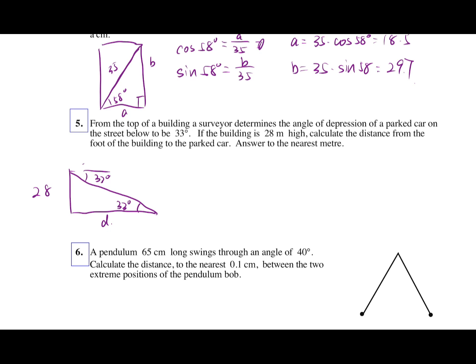For this one we can use tangent. Tangent 33 equals 28 divided by d, and then we just switch these two positions, so d equals 28 divided by tangent 33, so d equals 43.1, and so the distance equals 43 meters.